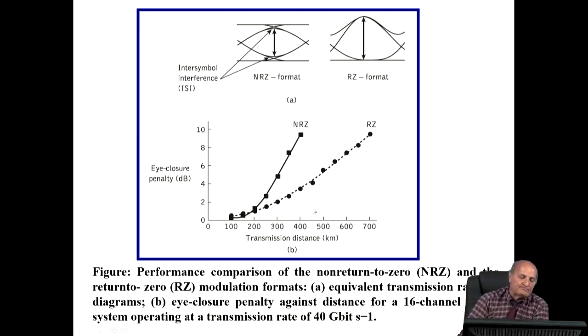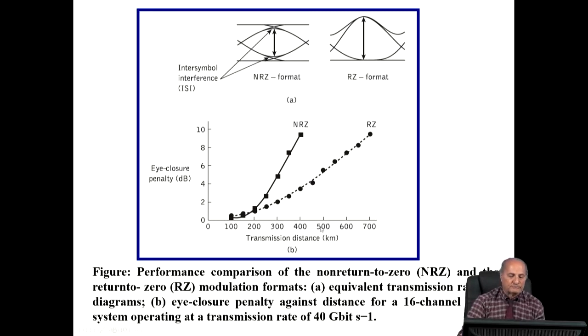In this figure, we calculate the eye closure penalty at the transmission distance. What do we mean by eye closure? It is 10 log of the eye opening when the transmission distance is 0, back to back, over the eye opening after a certain distance.